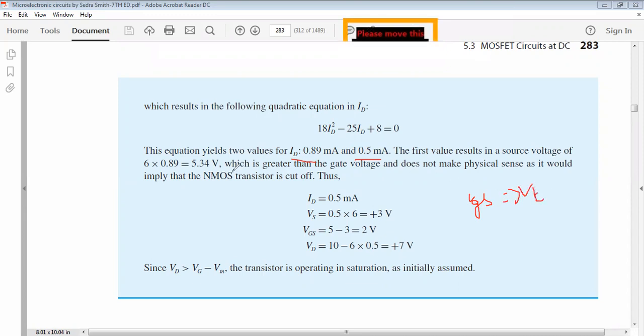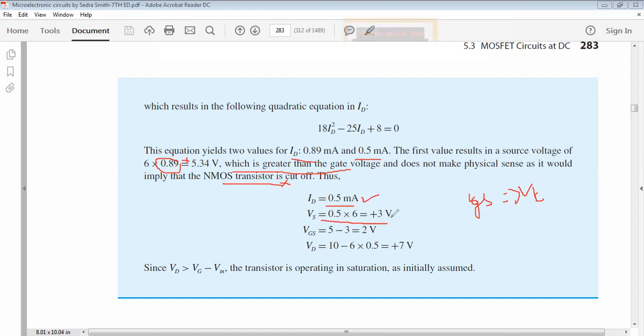Or otherwise calculate the source voltage. In this case, if the source voltage is greater than the gate voltage, that means the transistor is in off condition, so the corresponding current is not correct. Then consider the other current value, 0.5 milliamperes.